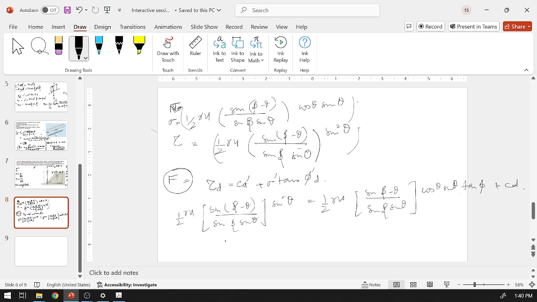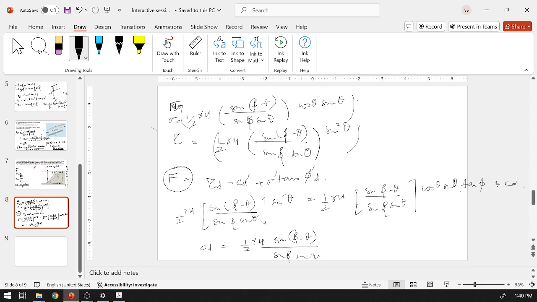So we will have, if we take c_d on one side, half of gamma h sine of beta minus theta over sine beta sine theta, sine square theta minus, let's take one sine theta out, so we will have one sine theta minus cos theta tan phi, and if we take one cos theta out, we will get tan theta minus tan phi.